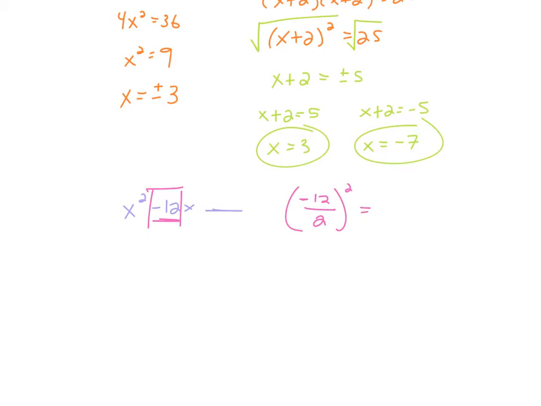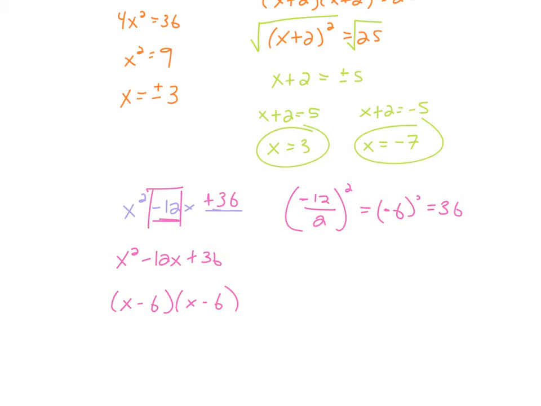Negative 12 divided by 2 is negative 6, squared equals 36. So that is what I'm going to add. Now we have x squared minus 12x plus 36, and that can be factored into x minus 6 times x minus 6.